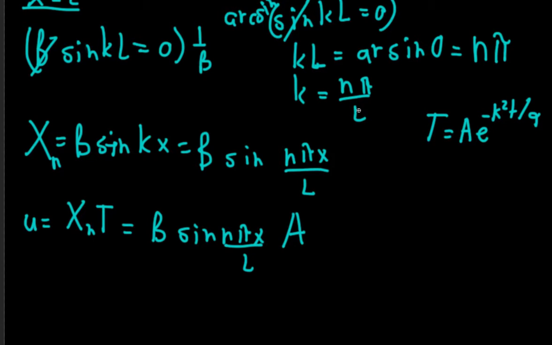So how does this look, knowing that k is equal to n times pi over L? So this would look like a times e to the minus n squared pi squared over L squared times t over alpha, something like that. Yeah, you could rearrange these to make it nicer, but this is the thing. So not only did we find infinitely many solutions for the spatial part, we also found infinitely many solutions for the time part, which is rather interesting.